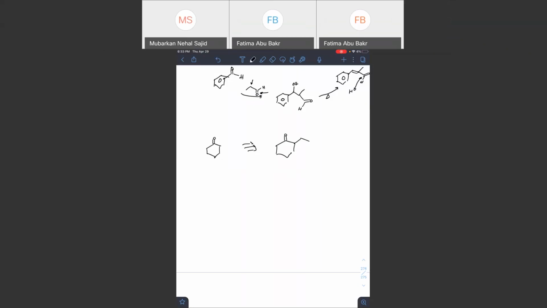Let's do his way first, and then we'll see what I was thinking. I was thinking of going more the route of what we've already talked about. But anyways, first he uses LDA, which, what does LDA do? It helps something attack onto the alpha position. So he's using LDA with this structure.